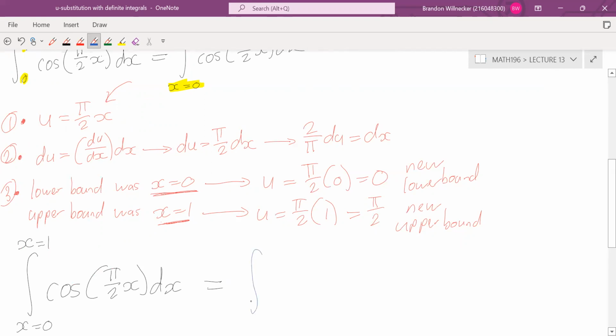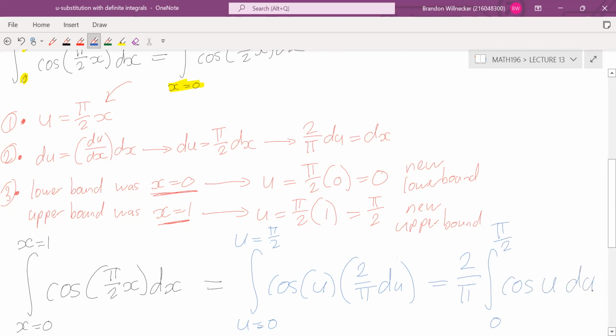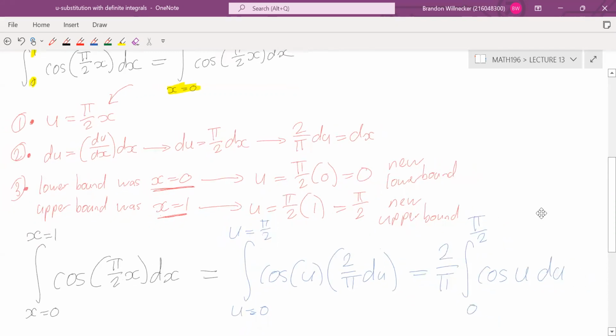This is the integral from u equals 0 to u equals pi over 2, and then we're going to have cos of u, and then 2 over pi du. Then we can rewrite this as 2 over pi, the integral from 0 to pi over 2, cos of u du. So we get a new integral instead of the old one.